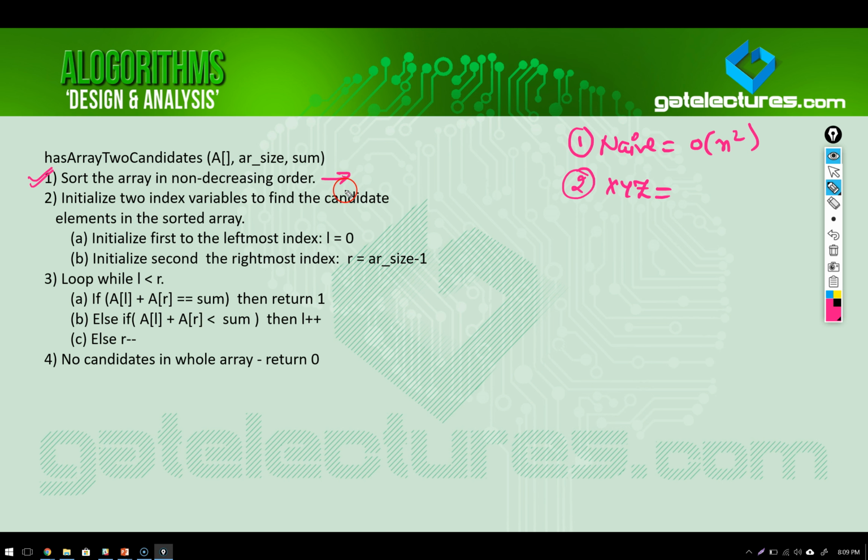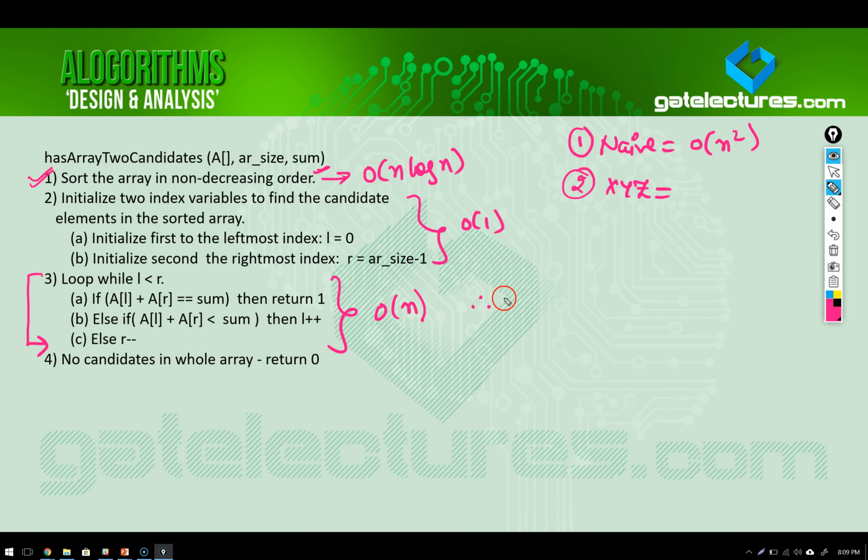You know there are many different sorting algorithms, and let us say we are going to apply randomized quick sort. This can be done in order of n log n time. Now if you see this loop, this initialization is going to take order of 1 time, and this entire loop is going to run order of n time.